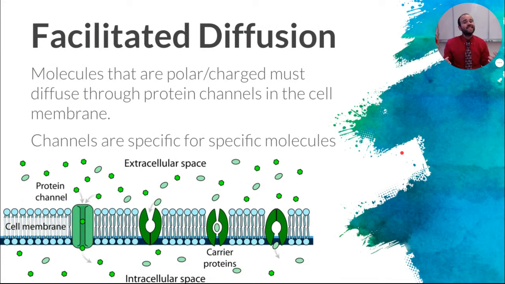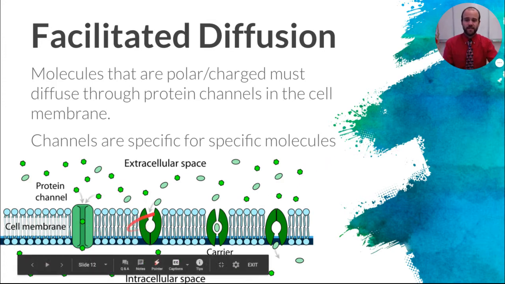So how do we get these things through? Facilitated diffusion. Facilitated diffusion is for molecules that are polar or charged or really big that need to get through the membrane. And so they're going to use some of those integral proteins that are built into the membrane called protein channels. And these channels are going to be specific for specific molecules.